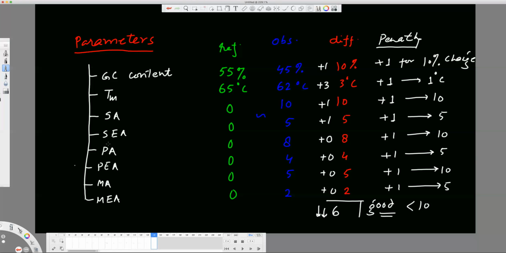Okay, so now let us look at how we actually calculate these parameters, right? What is the method to calculate these parameters? So let us first look at TM.